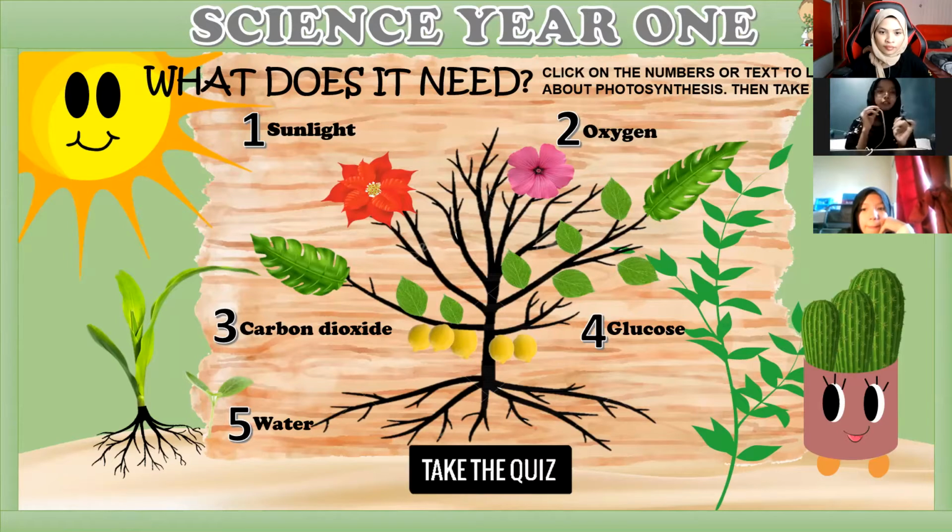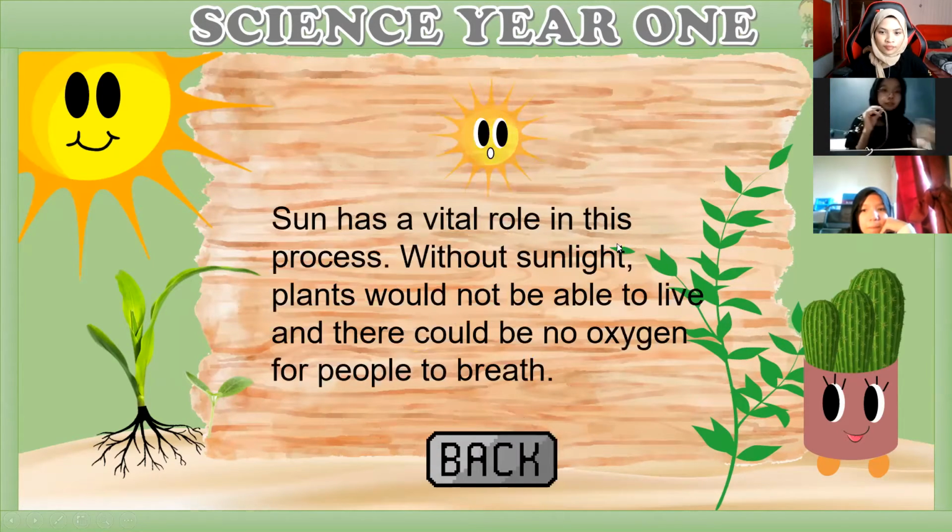So Lisa, can you click the number one? If you click number one, which is sunlight, there's an explanation about what sunlight is used for in photosynthesis. It's also the same with the other main parts.